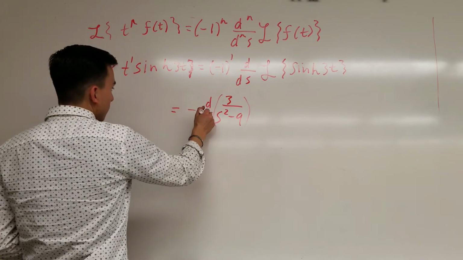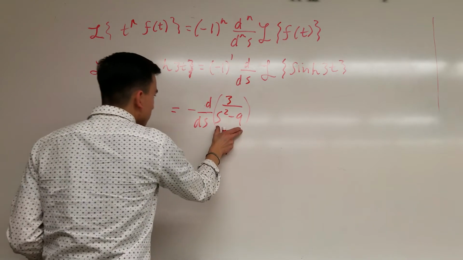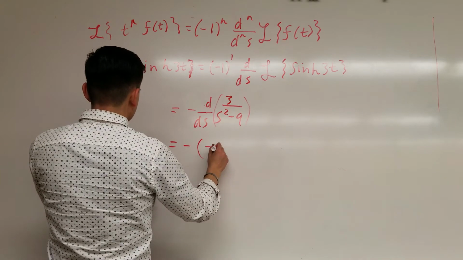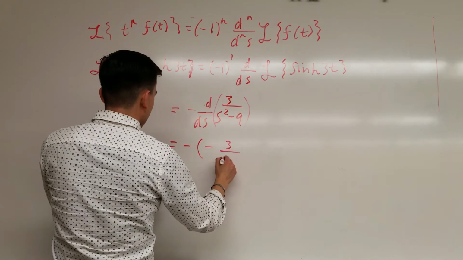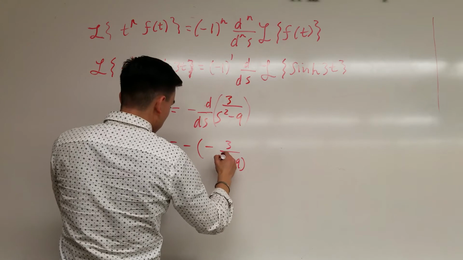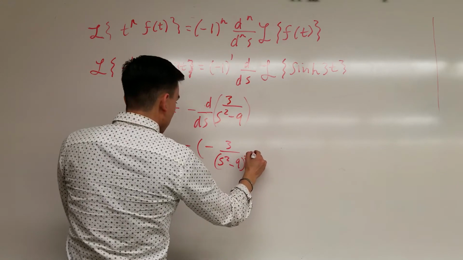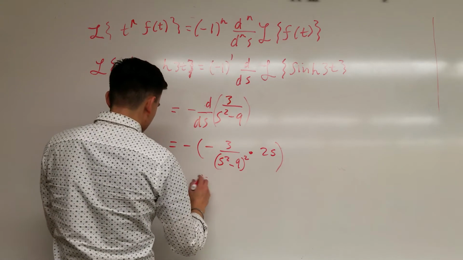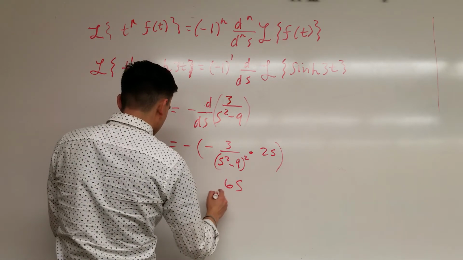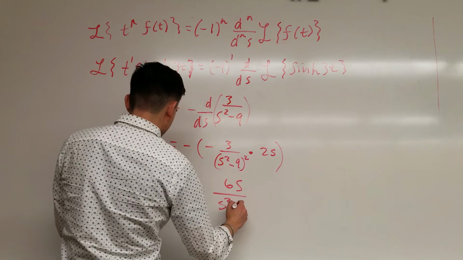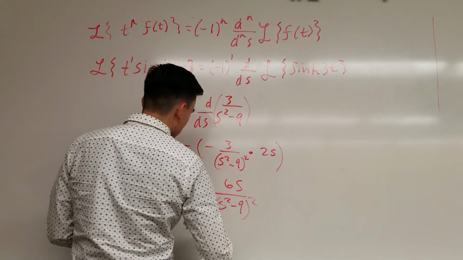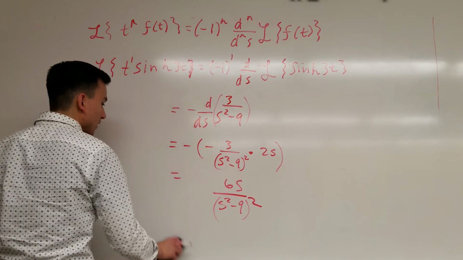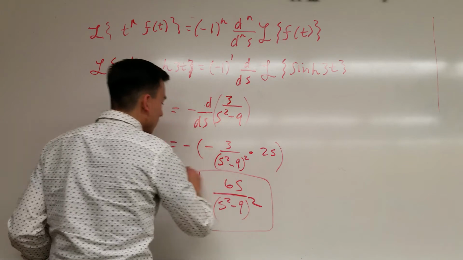It's going to be negative, right? So the derivative of this, that's going to be negative times negative 3 times s squared minus 9 quantity squared times 2s, equal to positive 6s over s squared minus 9 quantity squared. So hopefully your derivative skills are proficient.